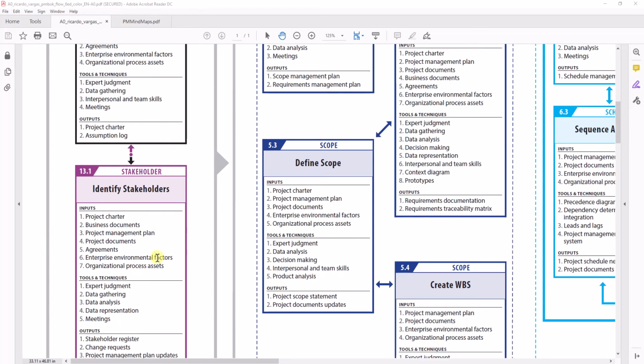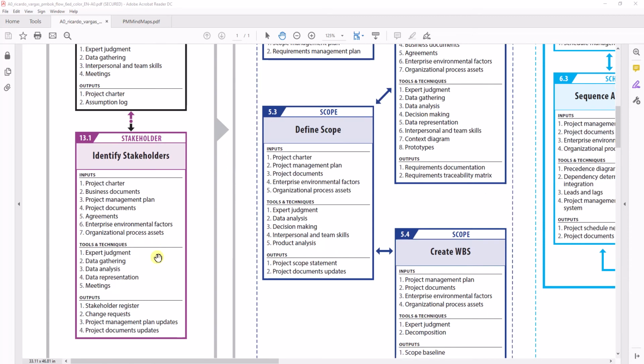Then, talking about stakeholders. Identifying stakeholders is the only other process that is part of the initiating process group. Here also expert judgment is used, because experts can say which stakeholders could be identified.